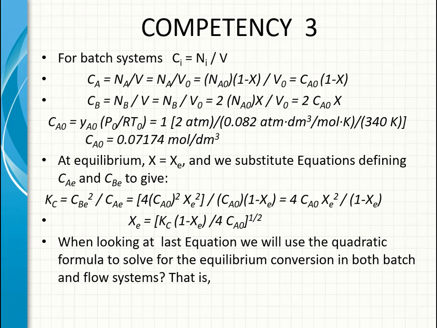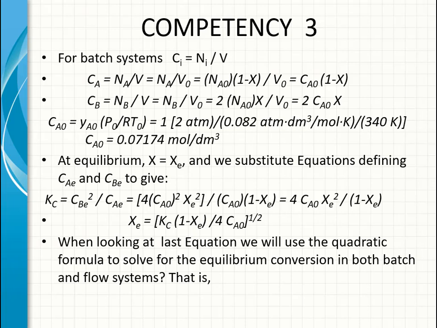So we have the concentration of B, 2Ca0 times X, to the square, is going to be 4 Ca0 squared Xe to the second power, divided by Ca, which is Ca0 times 1 minus Xe.